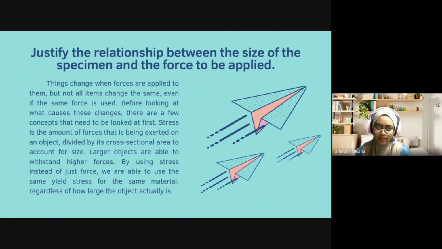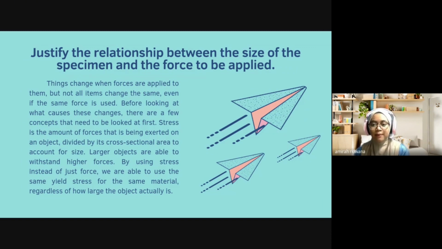For the next question, we need to justify the relationship between the size of the specimen and the force to be applied. Things change when force is applied to them, but not all items change the same, even if the same force is used. Before looking at what causes this change, there are a few concepts that need to be looked at first.